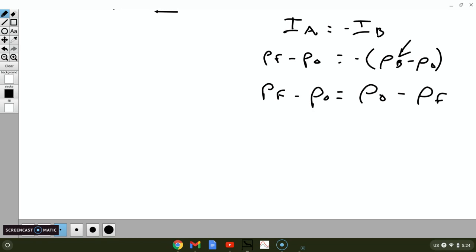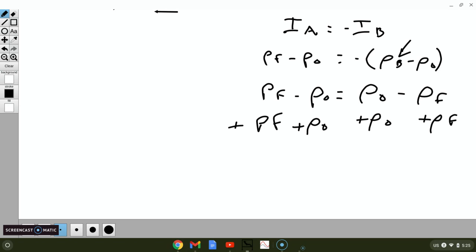All right. So what I can do then is rearrange this equation: I add my initial momentum of A over to the other side, and then add my final momentum.